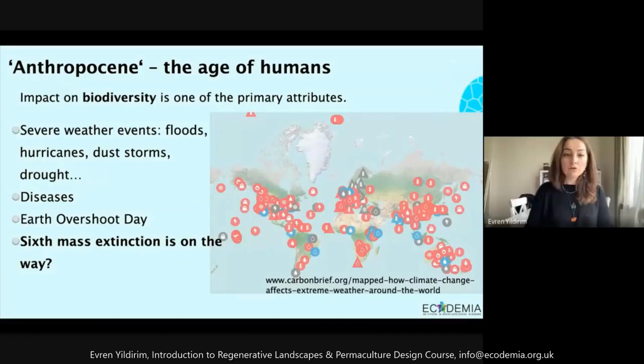And maybe you heard of Earth Overshoot Day. Earth Overshoot Day is the day on which the humans' use of Earth's resources for a year exceeds that year's Earth resource generation capacity.